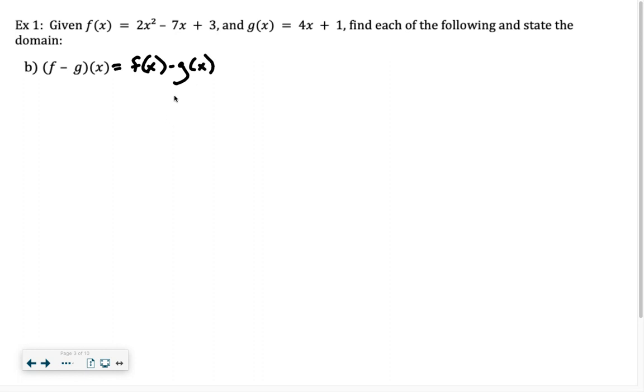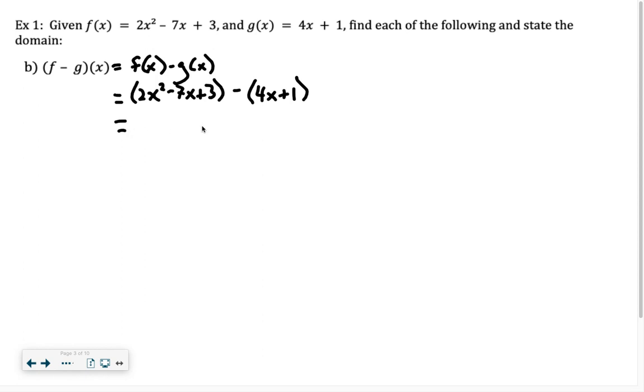Okay, so here, the only thing we need to make sure of is keeping our signs straight. So it is a good idea to use parentheses when we're plugging these functions in like this. This way we can see that I'm subtracting everything in this second function.